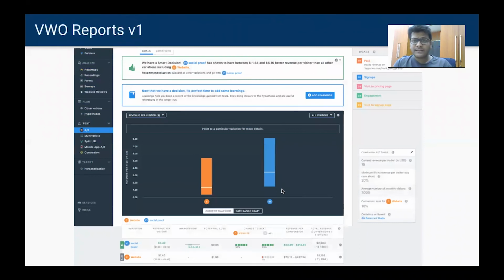So for the reports, this was the older version that we had. When we were talking to the customers, one thing became clear: their motivation was to find that winning way, to create those winning tests and come out with great results. And this was the place where they were evaluating the numbers.